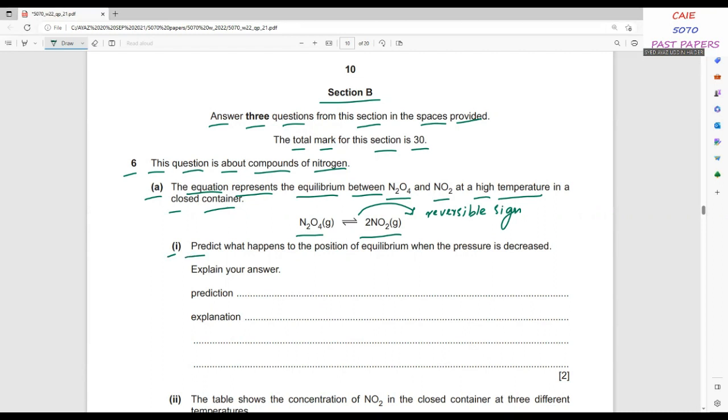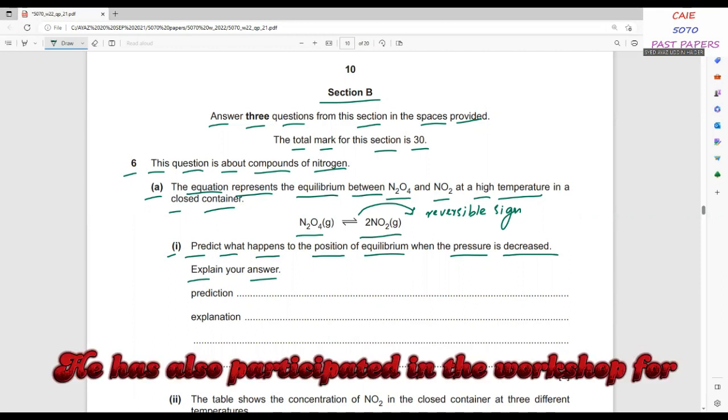Number 1, predict what happens to the position of equilibrium when the pressure is decreased. Explain your answer. You know that whenever pressure is decreased, the equilibrium will shift towards the side with high number of moles or volume of gases. So if you look at this equation, we have high number of moles or volume of gases on the right hand side or the product side.